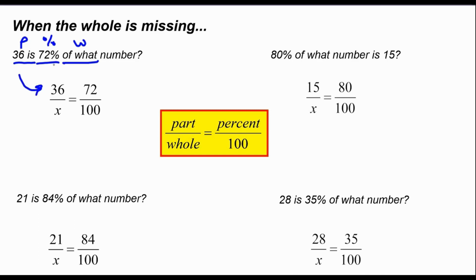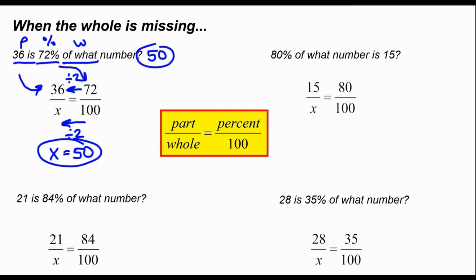There's the part, here's the percent, and the whole is missing. So again, there's a nice horizontal relationship here. 72 divided by 2 is 36. So 100 divided by 2 will tell me my answer. And 100 divided by 2 is 50. So there's my answer. 36 is 72% of 50.